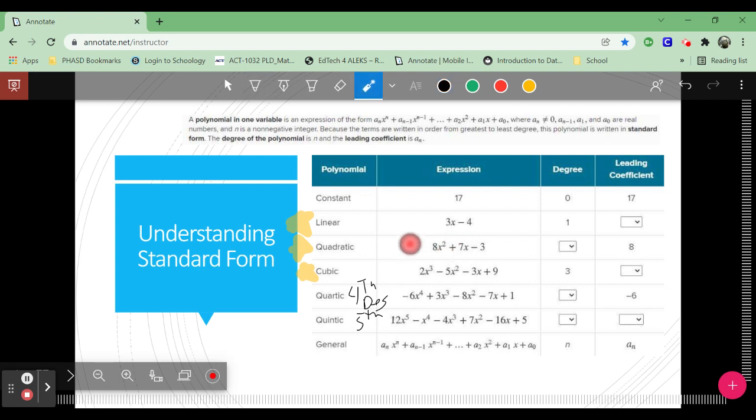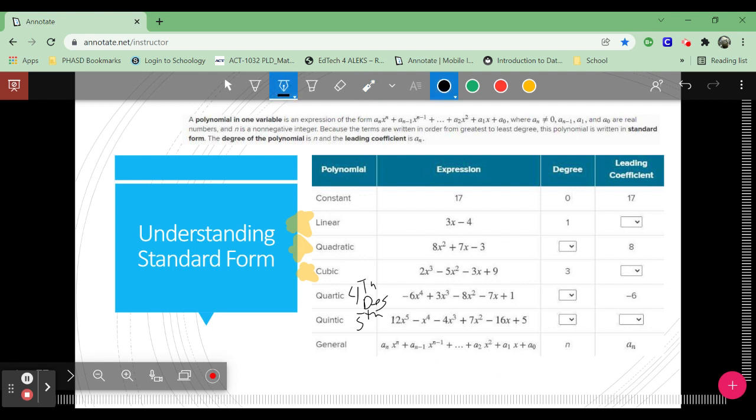If I skip down to quadratic, standard form means I put x squared before x to the first, before no x at all. X to the third comes before x to the second, comes before x to the first, comes before no x at all. Going down to quintic, x to the fifth, then x to the fourth, then x to the third, then x to the second, then x to the first, and no x at all. And that's all that's trying to say: go in order, decreasing by 1 each time.